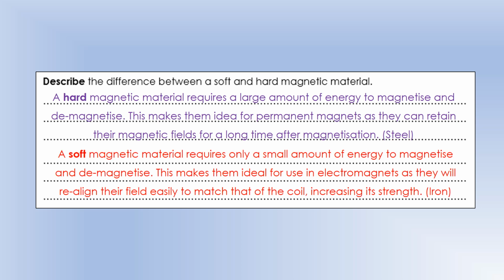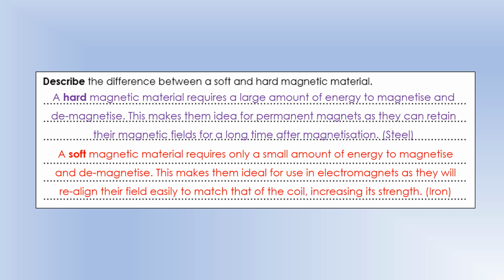A soft magnetic material only requires a small amount of energy to magnetize, so it's easily turned into a magnet, but it also only requires a small amount of energy to demagnetize, so it will very quickly stop being a magnet once you remove the external conditions. So these are great for electromagnets.